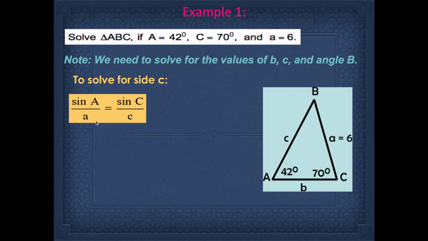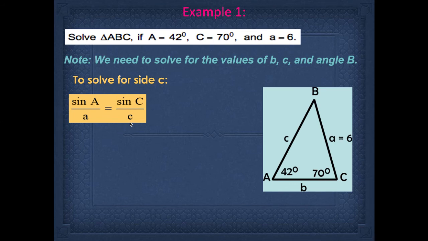We can use this proportion because, looking at the given, you are given angle A, check. You're given angle C, check. And you're also given side a, check.